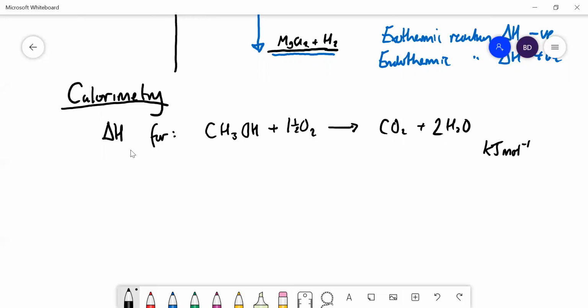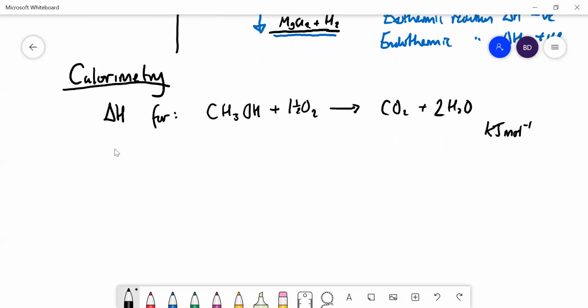Now, what equation do we need for this? You've probably come across this at GCSE physics. The equation we're going to use is Q equals mc delta T. What we're going to do is get a copper can, because it's a good conductor, rather than a glass beaker.